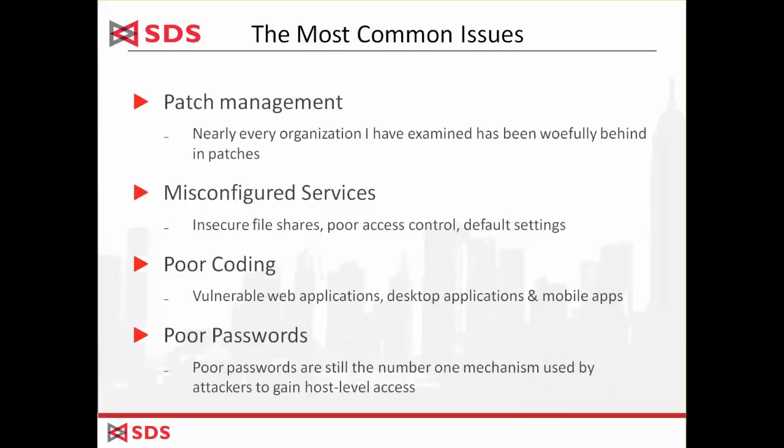Now, when we think about the most common issues that I see across networks, there are really 4 basic things. First one's patch management. And nearly every organization I've ever examined has been woefully behind in their patches.